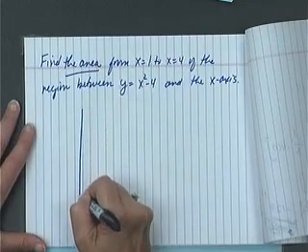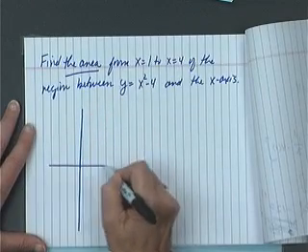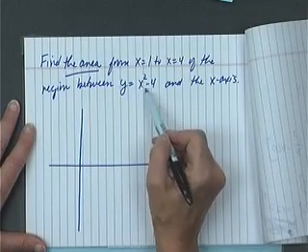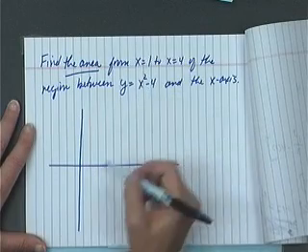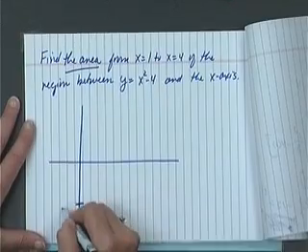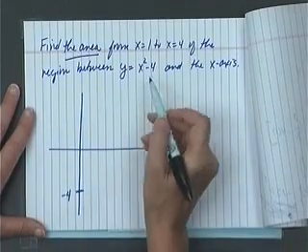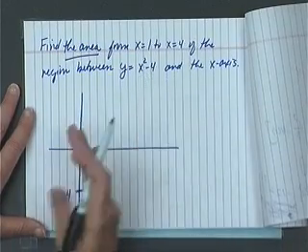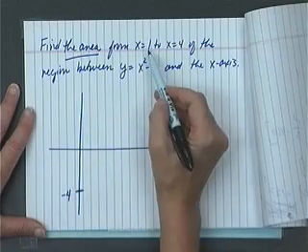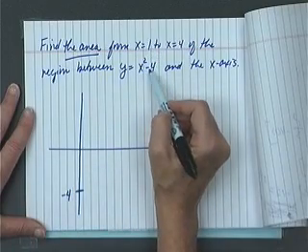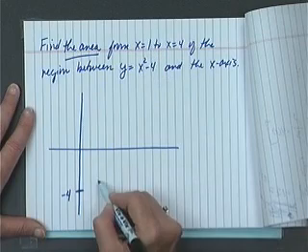See what's going on. y equals x squared minus 4, you know, is a parabola. The y-intercept is negative 4. And we're going to start at 1. So when x is 1, the y value is negative 3.